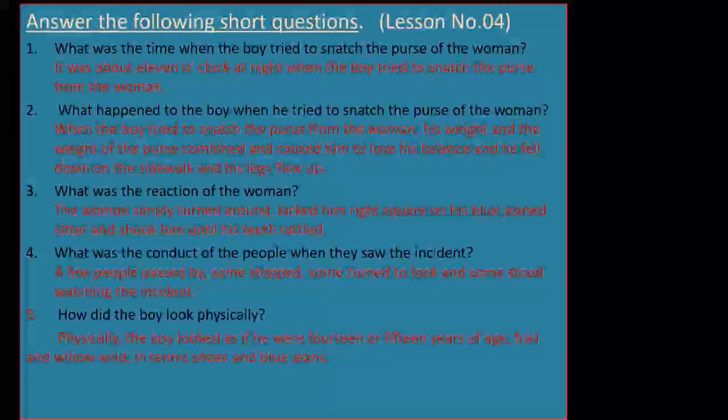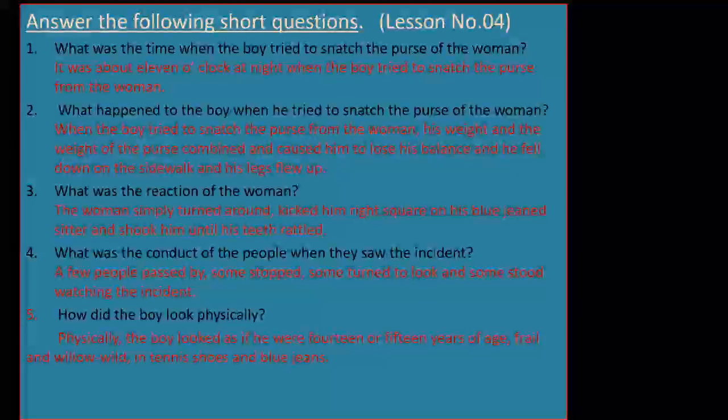Number 2 is an extremely important question. It has been there in the previous board exam also. What happened to the boy when he tried to snatch the purse of the woman?